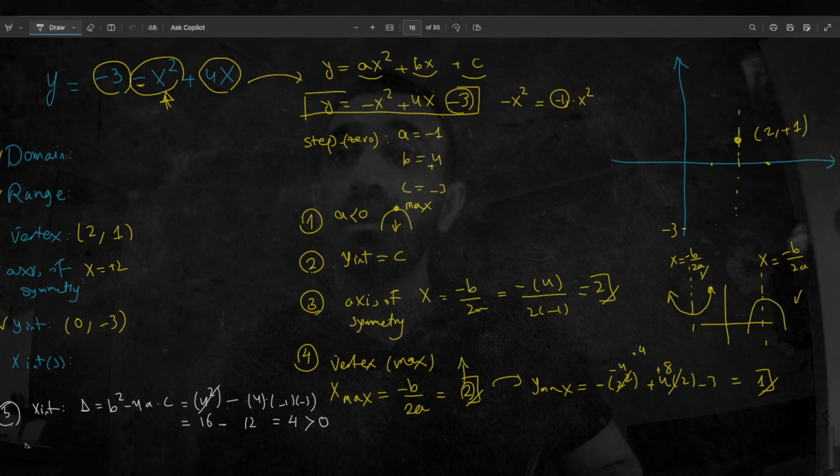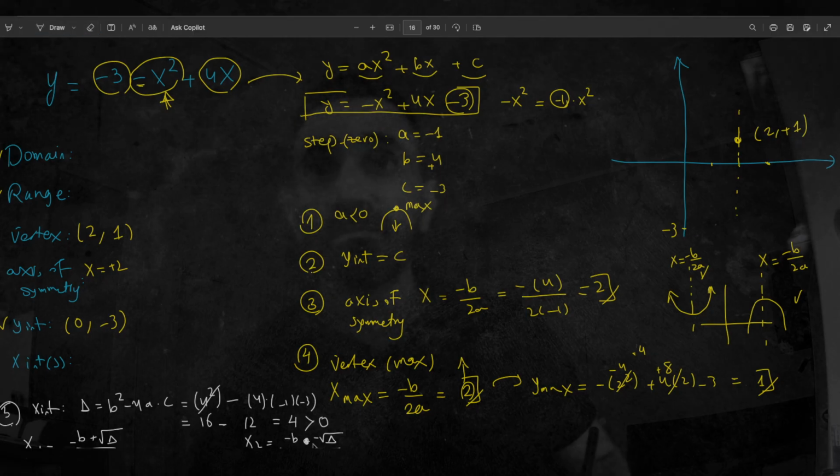Okay, so what are the coordinates of the x-intercepts? x1 is minus b plus the square root of delta divided by 2a. x2 is minus b minus the square root of delta divided by 2a.